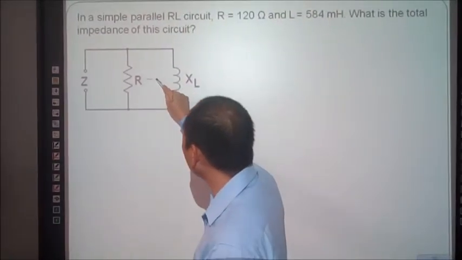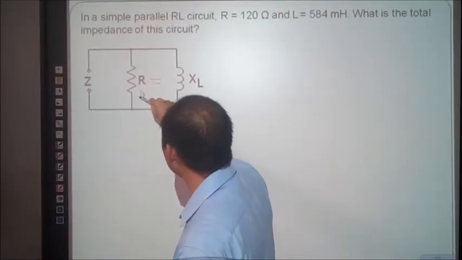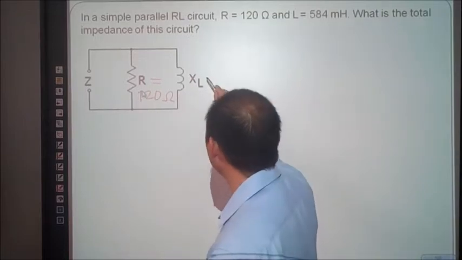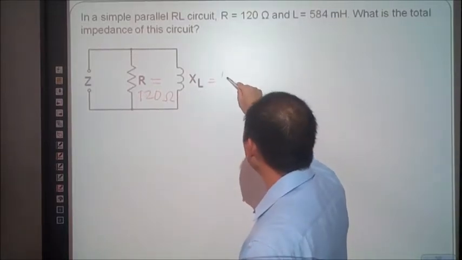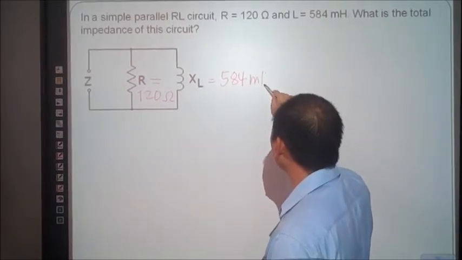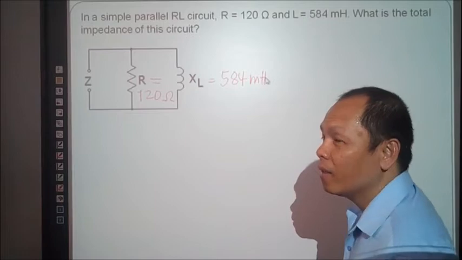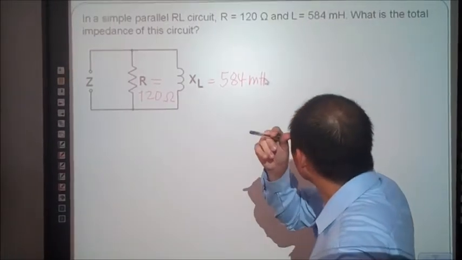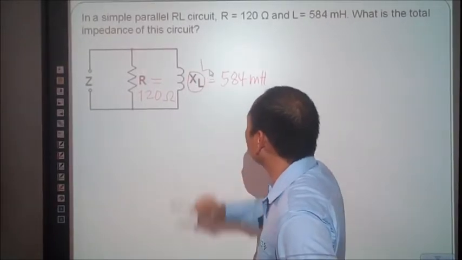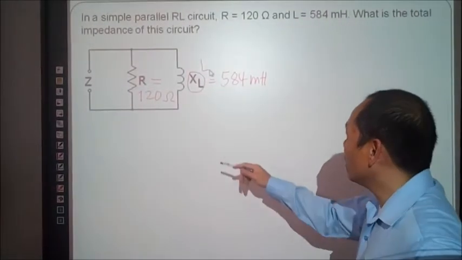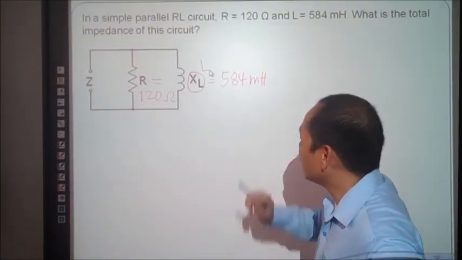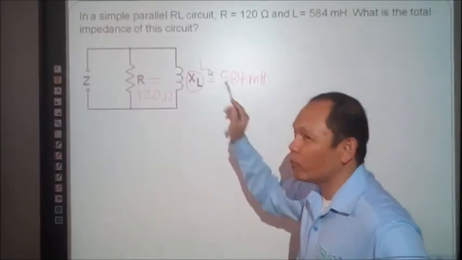Okay, so I will write here the value of the resistor, which is 120 ohms, and this one is equal to 584 millihenry. This is L, not XL, this is L. So this is the inductance of this inductor, 584 millihenry. So we are going to solve for XL.